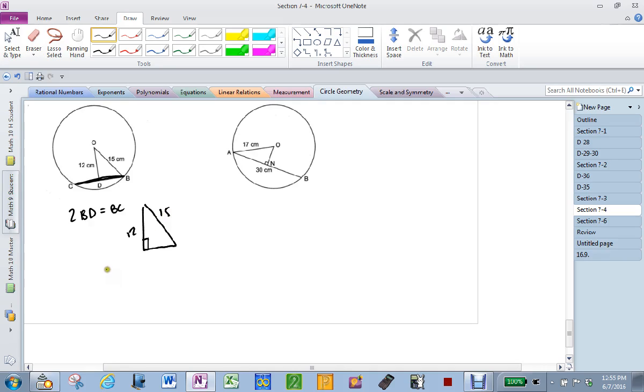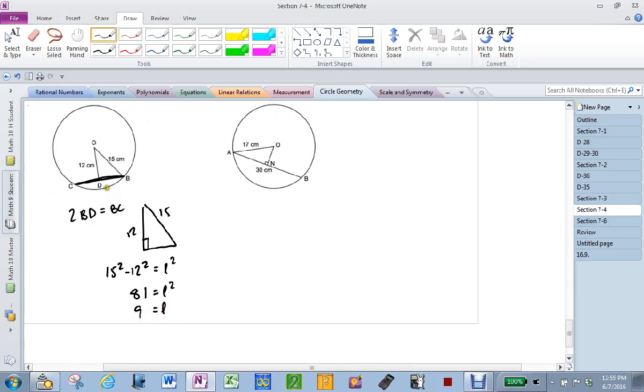It's minus. 15 squared minus 12 squared will get me the side I want, which is L squared. What do I got to do to that once I get it? Square root it. So it's 225 minus 144, which is 81, is L squared. What is the last step always?